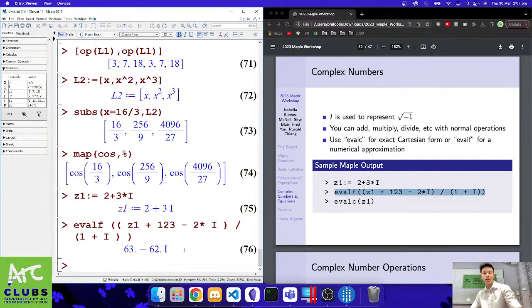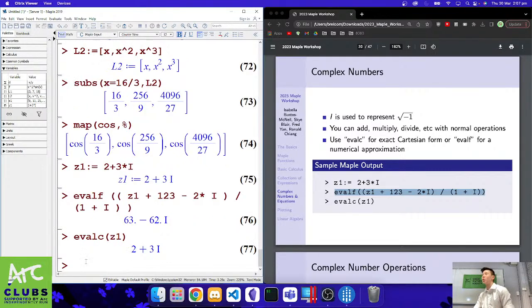As you can see, we get a numerical approximation, 2 plus 3.0 I, but that is, of course, still an exact number. If we gave it a different number, say, for example, an irrational number, it would give out a numerical approximation. And if we instead did eval-C of Z1, we get the exact complex number 2 plus 3i.